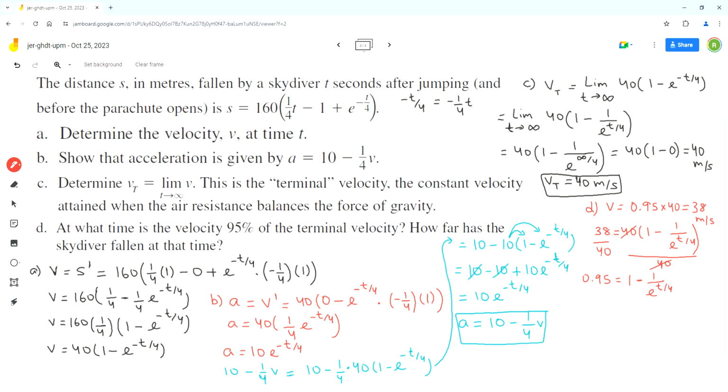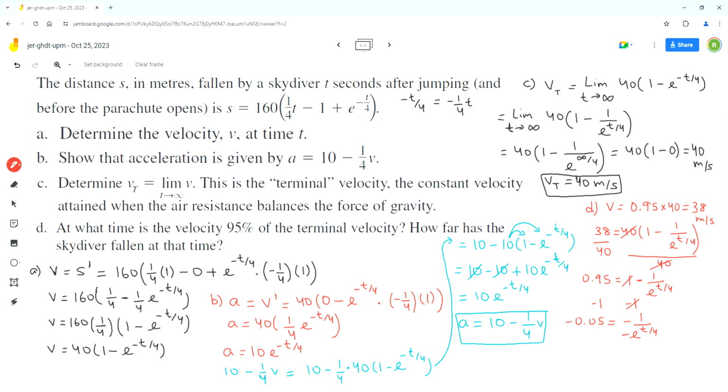Now we can subtract 1 from both sides. So the ones on the right side will get cancelled out. So we'll get negative 0.05 equals negative 1 over e to the power t over 4.